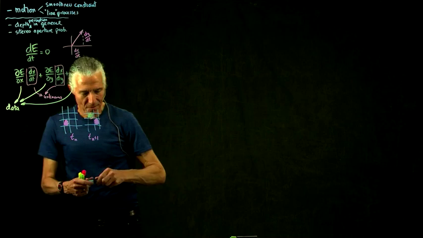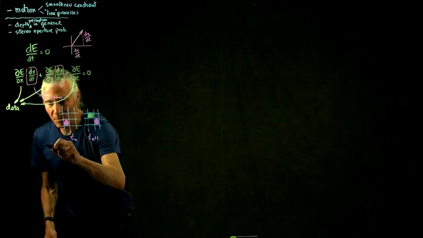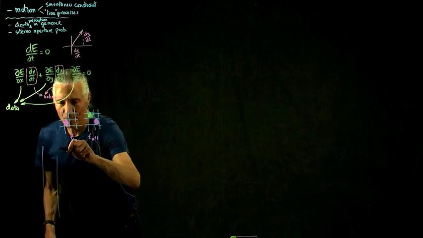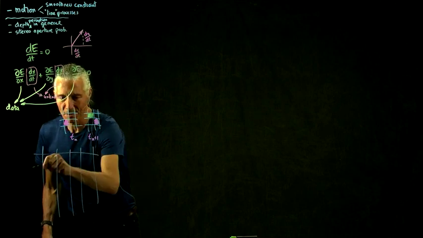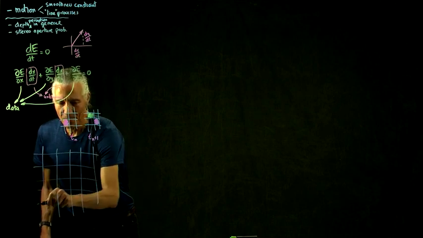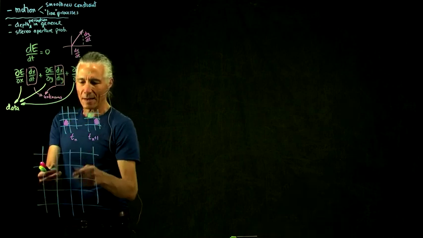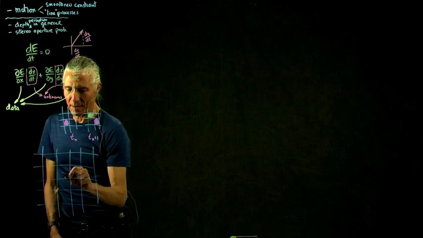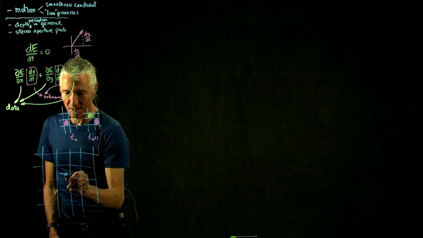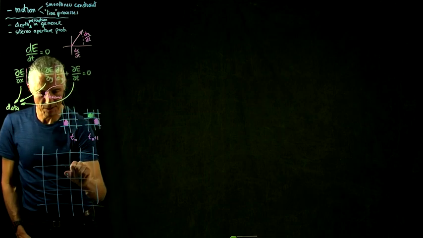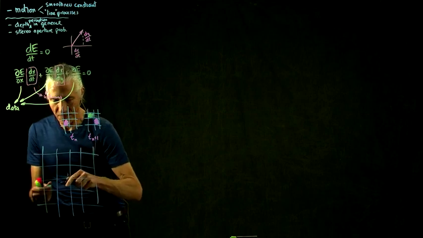That means we have a grid of estimates of the velocity. At a point, there's a choice. Say, this point right here, it could be that way or it could be that way. We'll put those in dotted lines.